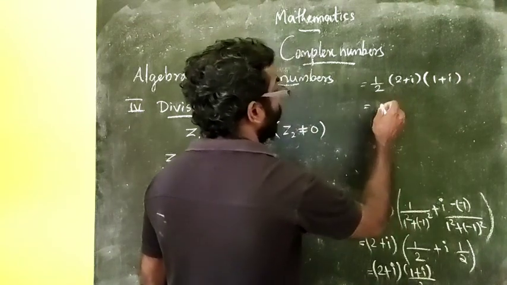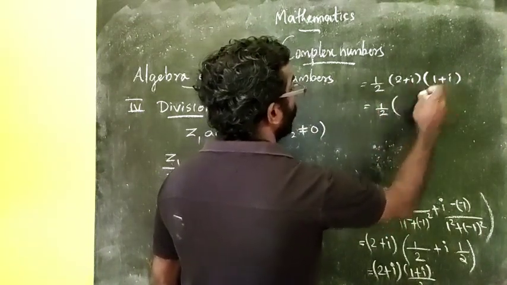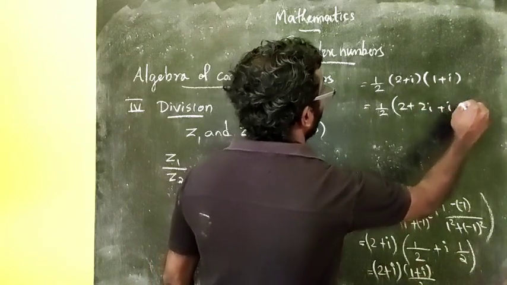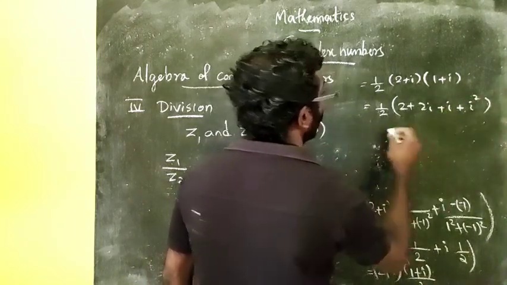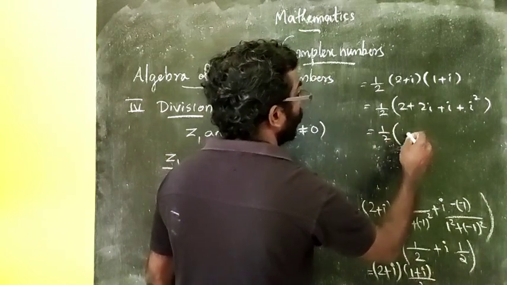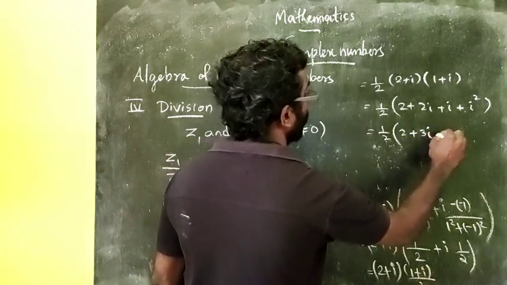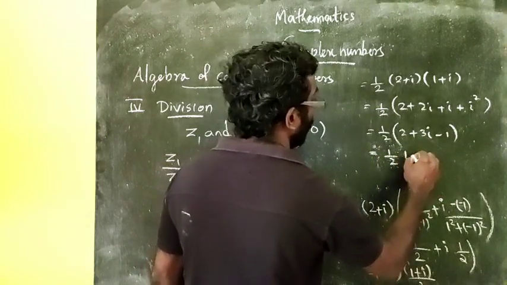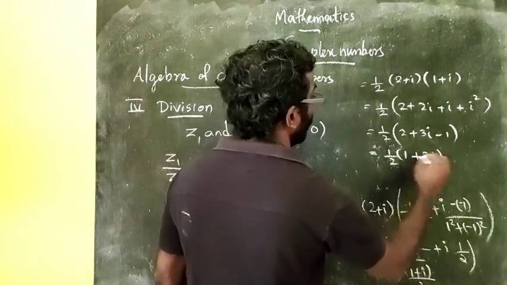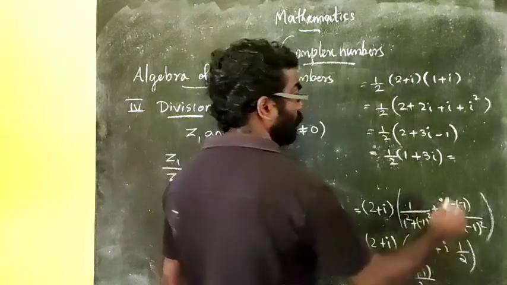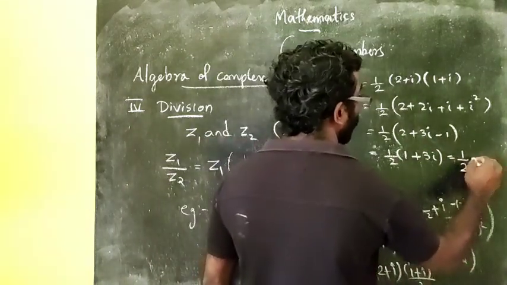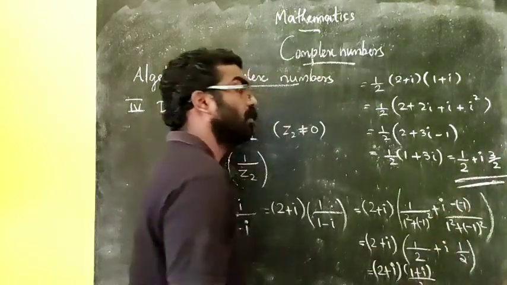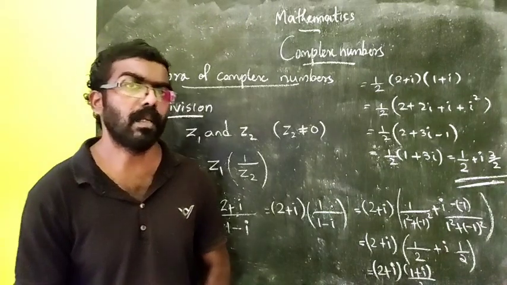This we can multiply. 1 by 2 into: 2 into 1 is 2, 2 into I is 2I, I into 1 is I, I into I is I square. So 1 by 2 into (2 plus 3I minus 1), since I square is minus 1. So 1 by 2 into (1 plus 3I). Or we can write it in standard form as 1 by 2 plus I into 3 by 2. Now it is in the form A plus IB.